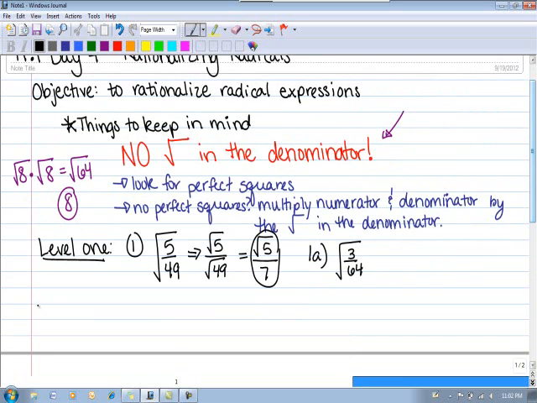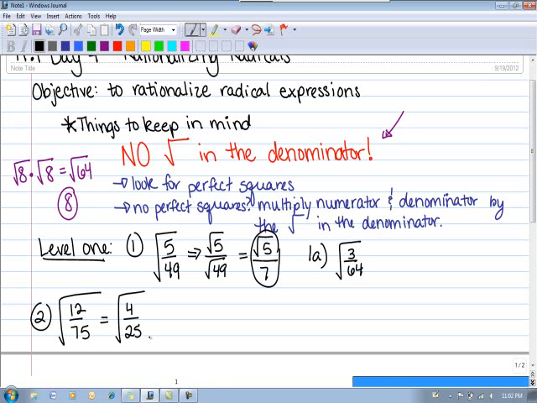Okay. Question number 2. I could give you the square root of 12 over 75. Right now, it looks like there's no perfect squares. However, I'm looking at 12 and 75 and I'm saying, oh wait, they're both divisible by 3. So I'm going to start by simplifying. This is equal to the square root of 12 divided by 3 is 4, 75 divided by 3 is 25.